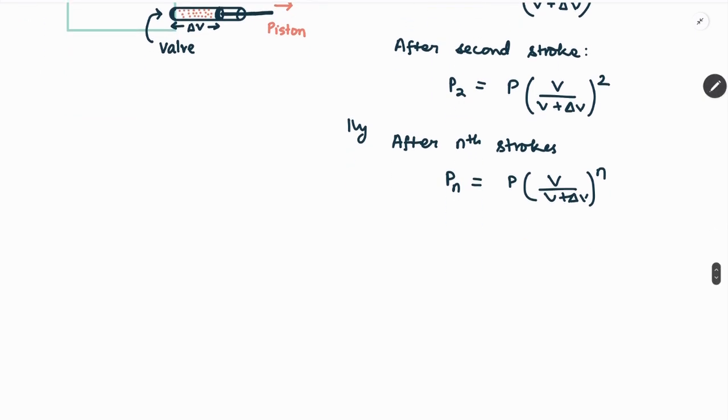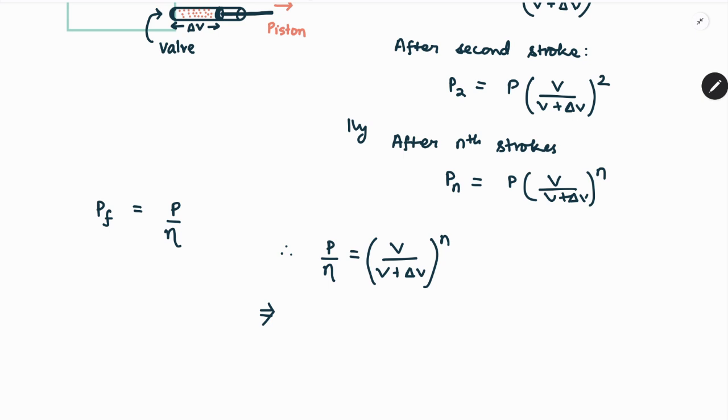Now the problem is suggesting that the final pressure, after some strokes, should drop down to 1 by eta times the initial value, and therefore we can say that P by eta is equal to P times V upon V plus delta V to the power n, and we have to determine this value of n. So if we cancel P on both sides we get 1 by eta, so we can write eta as equal to V plus delta V by V to the power n.